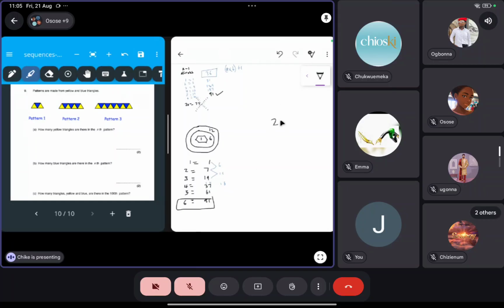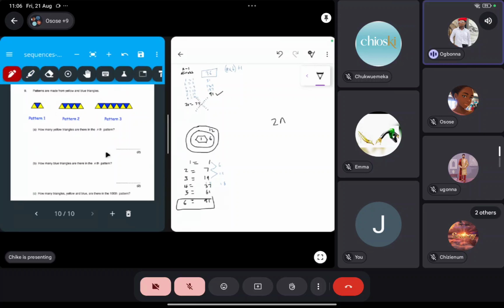That means 2n, because they told us in the n's. That means any number at all, 2n. Because for pattern 1, we have 2 yellows, which is 2 times 1. For pattern 2, we have 4, which is 2 times 2. For pattern 3, we have 2 times 3, which is 6. That means the answer here will be 2n.